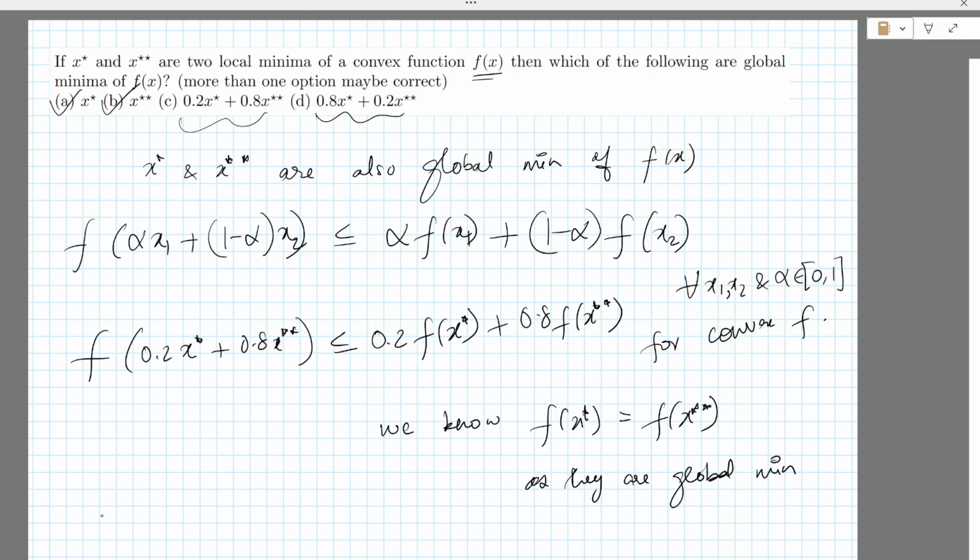So that means f of 0.2 x star plus 0.8 x double star is less than or equal to f of x star, because 0.2 plus 0.8 is 1.